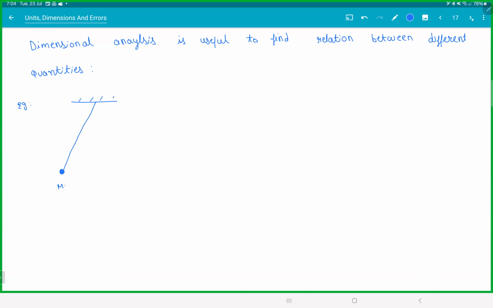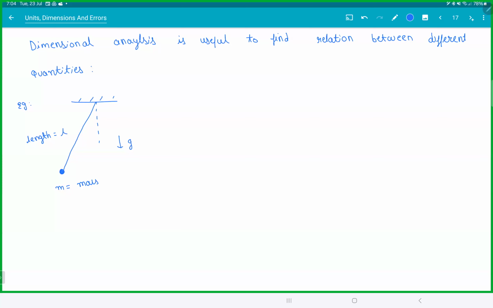The m is the mass of the pendulum. L is the length of the string. Gravity is g. So when you disturb it and it starts oscillating, you want to find out the relation between the time taken for one oscillation, the length, mass, and gravity.